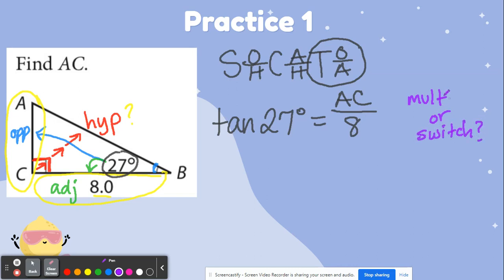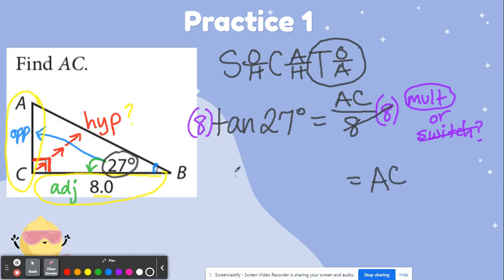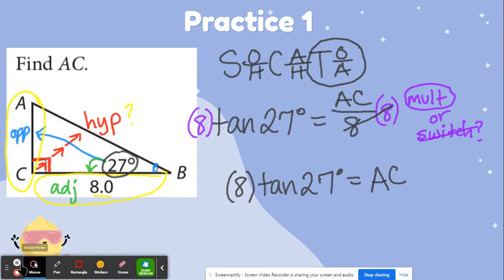And the answer is multiply. We are going to multiply 8 on both sides. And so if we do that, the 8s will cancel. So AC would equal, if I put this in the calculator exactly the way I see it, I will get the right answer. So AC is equal to 8 times tangent 27. I'm going to go into the calculator and put that for you.